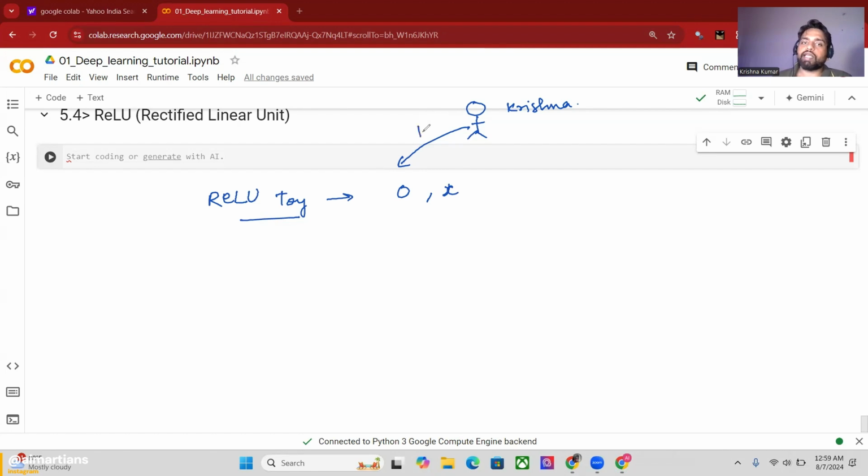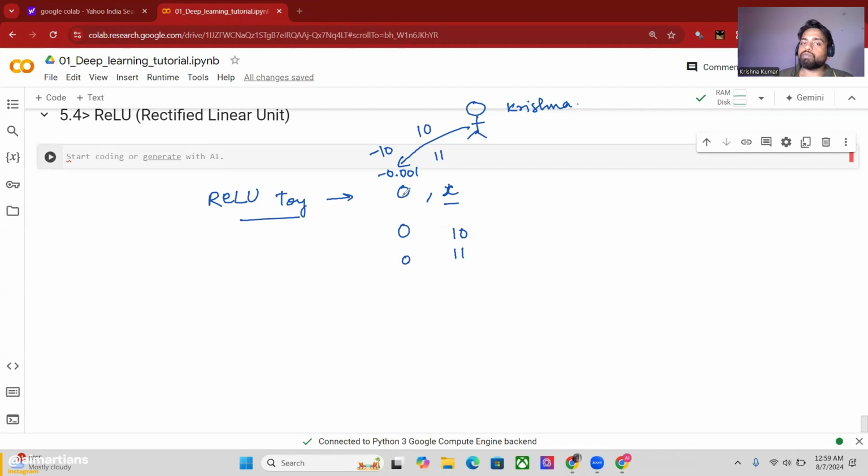Suppose I say 10, it will simply tell me 10. Suppose I say 11, it will give me 11. Suppose I say minus 10, in that case it will give me 0. Suppose I say minus 0.001, it will simply give me 0.